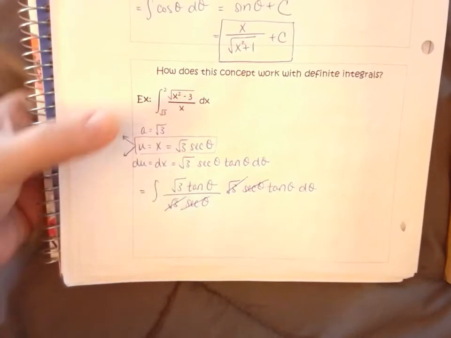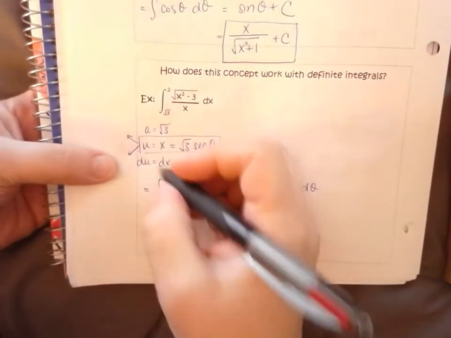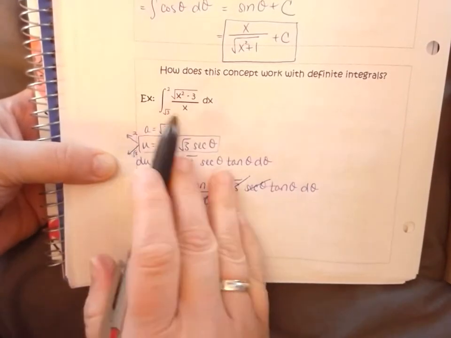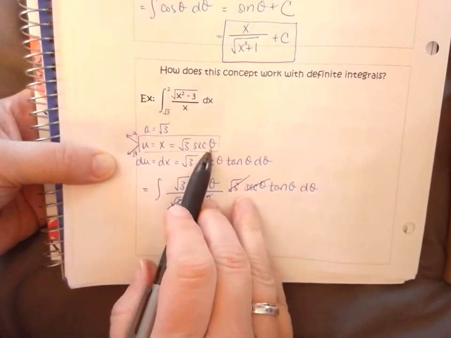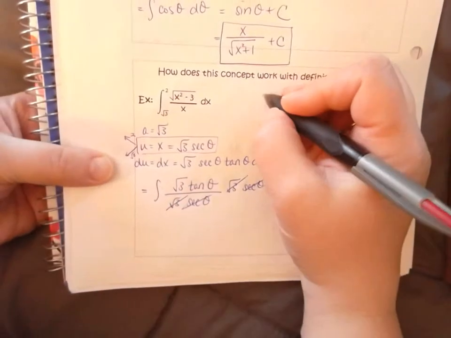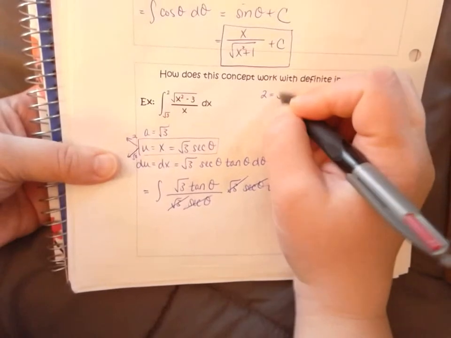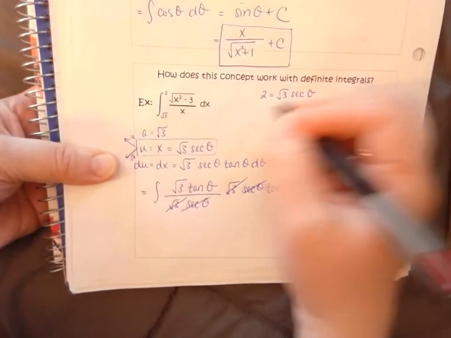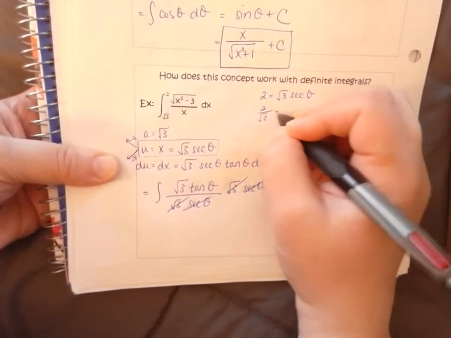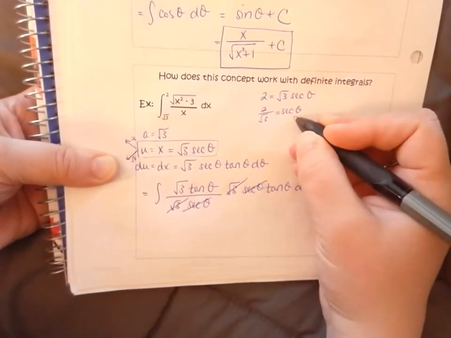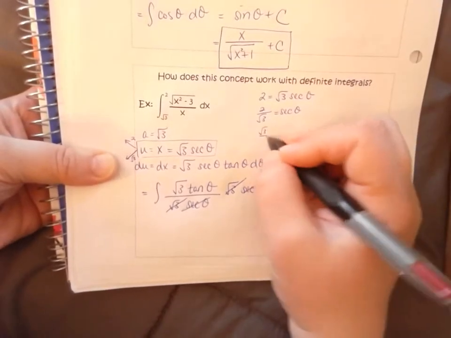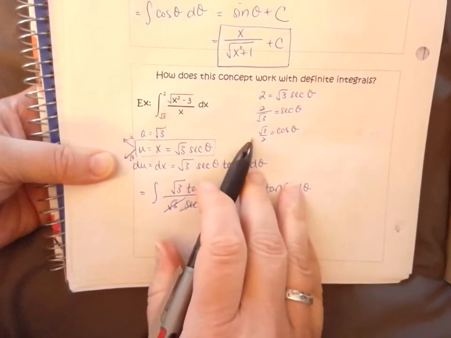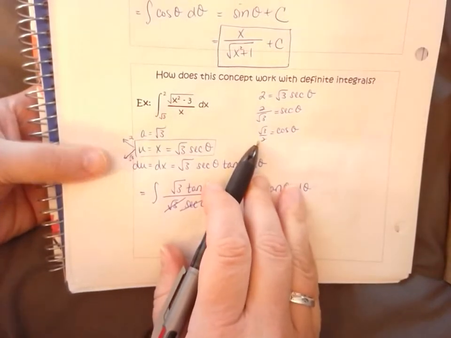So, if I plug these in for x, being x values, then what are my new theta values going to be? Okay, I'm going to do this off to the side so you can see it in action. If 2 is equal to x, then what is going to be the value of secant, or what's going to be the value of theta? We mentioned already that secant is the reciprocal of cosine, so if I change this, then I can change this, and I know that cosine theta is the square root of 3 over 2 at what point?